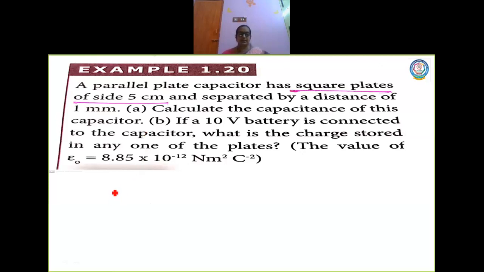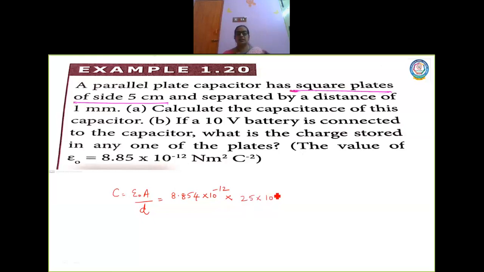So formula, capacitance C is equal to epsilon naught A by D. Now epsilon naught is 8.854 into 10 power minus 12. Now area is not given, but they have given the side 5 centimeter. So 5 centimeter means area will be 25 centimeter squared.